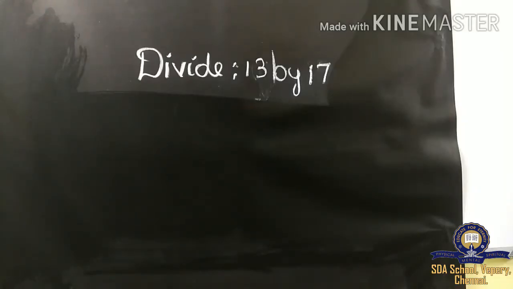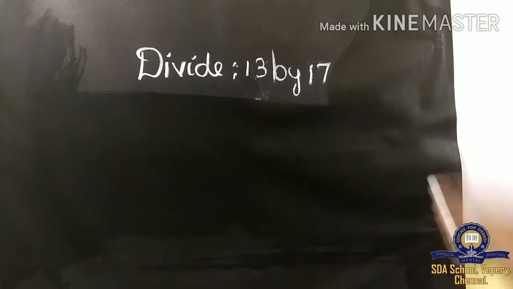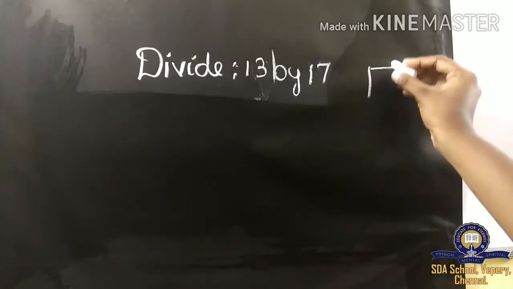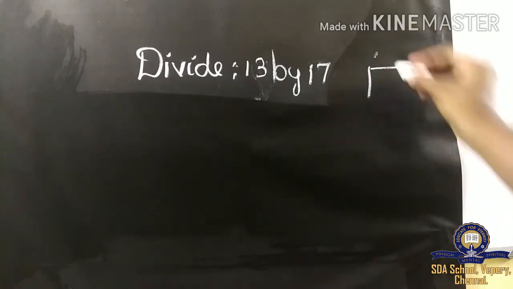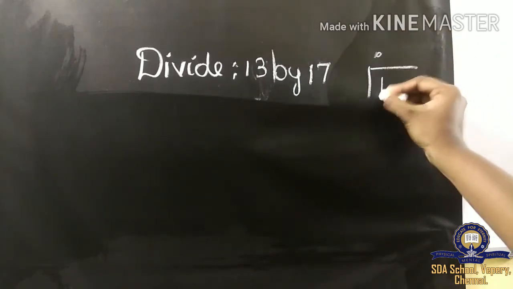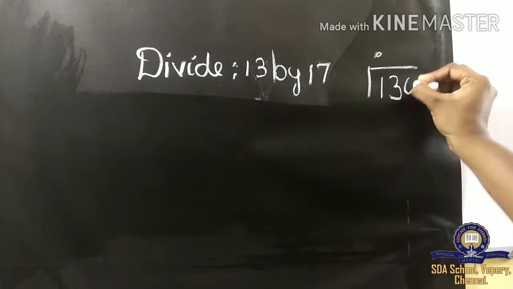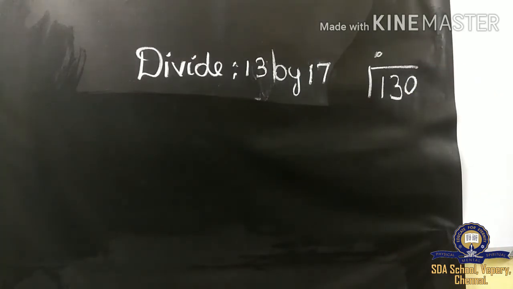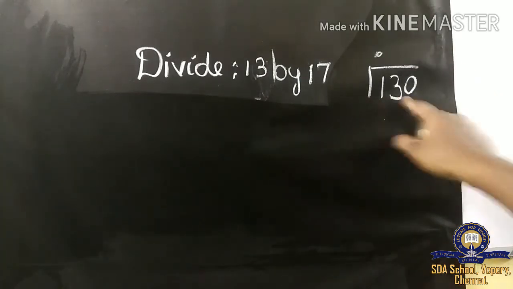Let's see one example. Divide 13 by 17. Here your divisor is the greater number and your dividend is the smaller number. If it's like this, you should add a decimal point in the quotient, and your dividend will be 130.